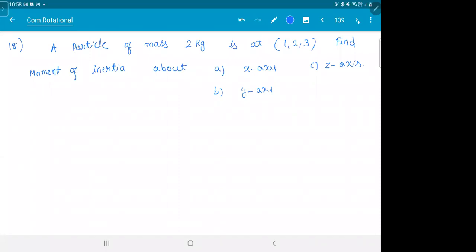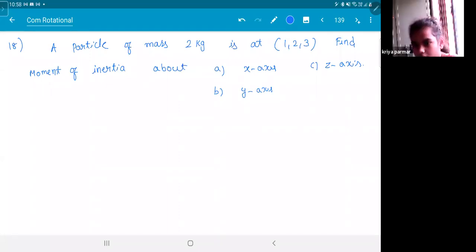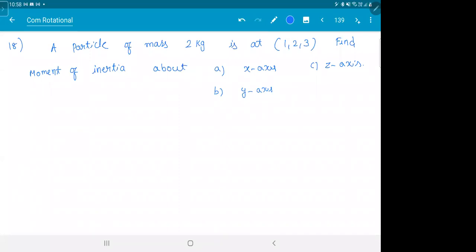Others, keep your cams on. So first thing, tell me one thing. What is R again? R is not the distance from origin, it is the perpendicular distance. So how do you find it? Listen carefully, this is important. This will again come in electrostatics and gravitation.